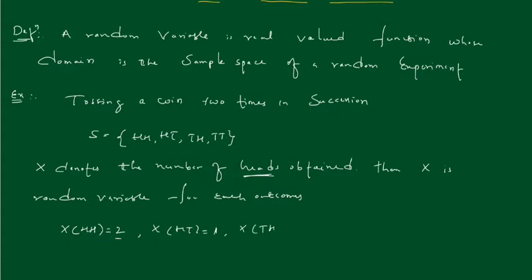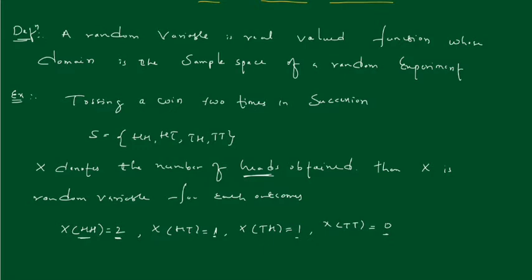X of TH is also 1, and X of TT is nothing but 0. So when X of HH has 2 heads, it equals 2. When X of HT we have 1 head. When X of TH we have only 1 head. When X of TT there is no head, so X of TT equals 0.